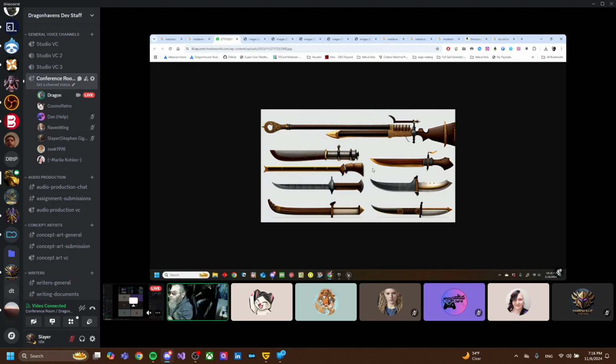And he had mentioned medieval weapons. What other kind of weapons are we thinking about besides just the medieval? We were also thinking about some sci-fi weapons, some Stone Age weapons.